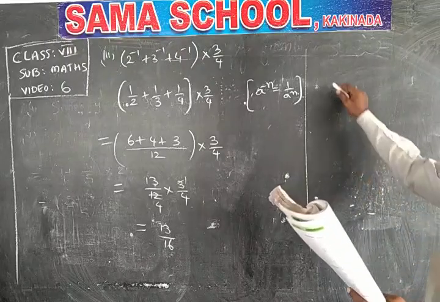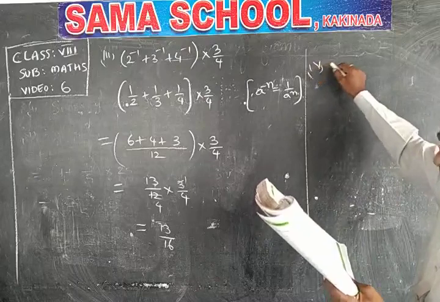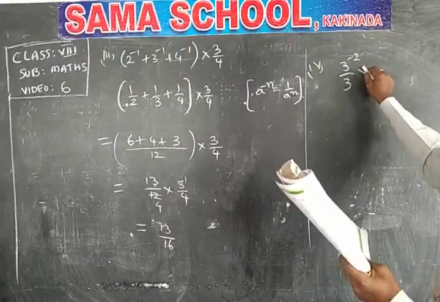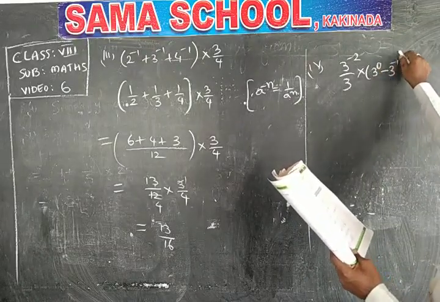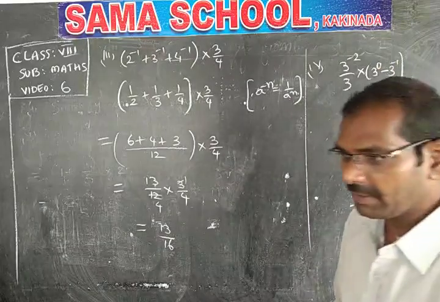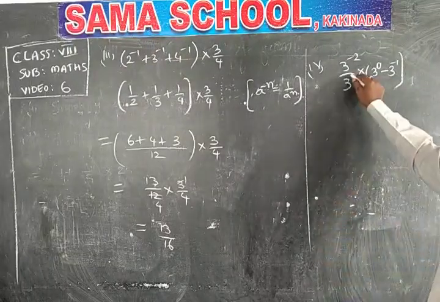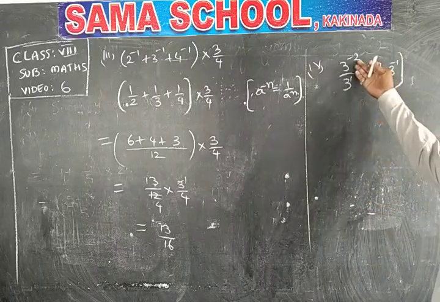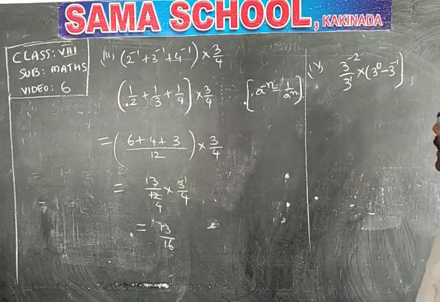What is that fourth sum? What is given here? 3 power minus 2 by 3 into 3 power 0 minus 3 power minus 1. What does this mean? Again you have to apply a power minus n. Here no power means 1 only. Otherwise, you take the denominator to the power, and the negative power becomes a positive power.